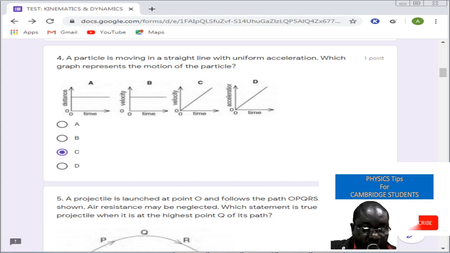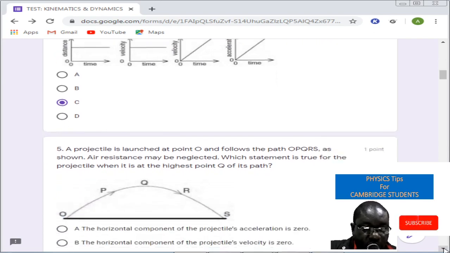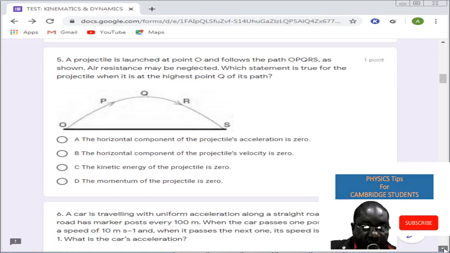Then moving on, a projectile is launched at the top and follows the path O, P, Q, R, and S as shown. Air resistance may be neglected. Which statement is true for the projectile when it is at the highest point Q of its path? A says the horizontal component of the projectile's acceleration is 0.